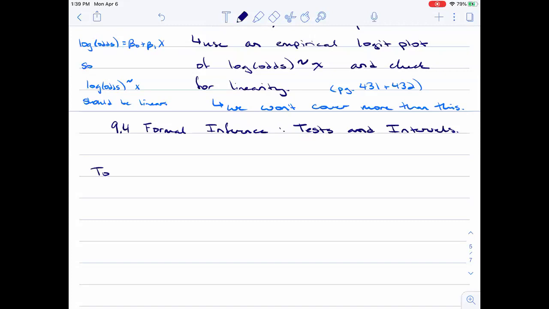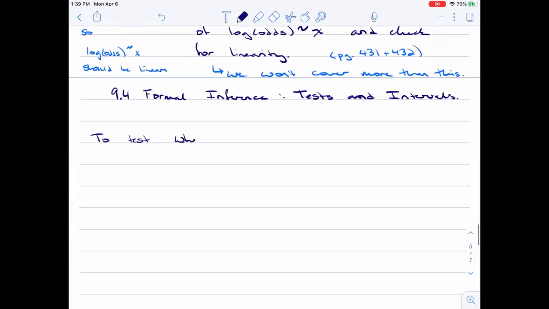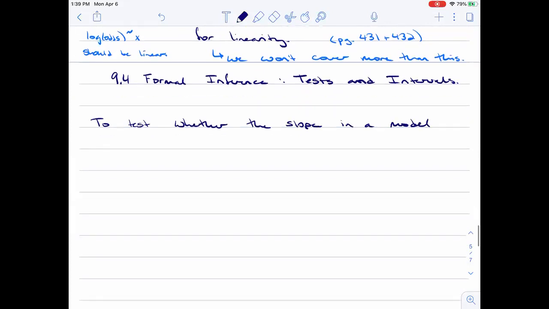So to test whether the slope in a model with a single predictor is different from 0. From chapter 3 or wherever we started talking about multiple regression, we could talk about multiple predictors, but that's for chapter 10, which we're not doing.